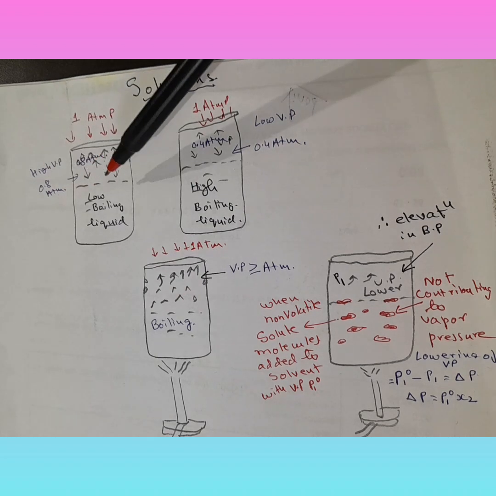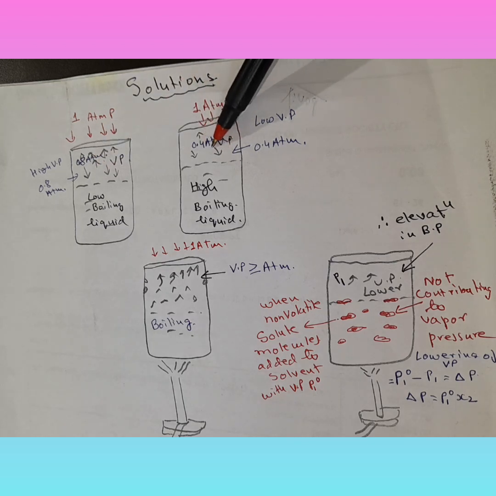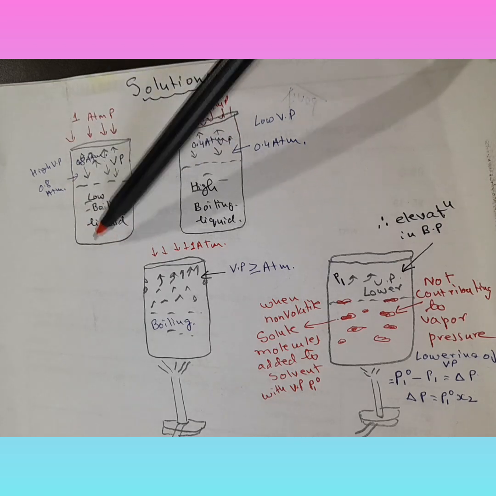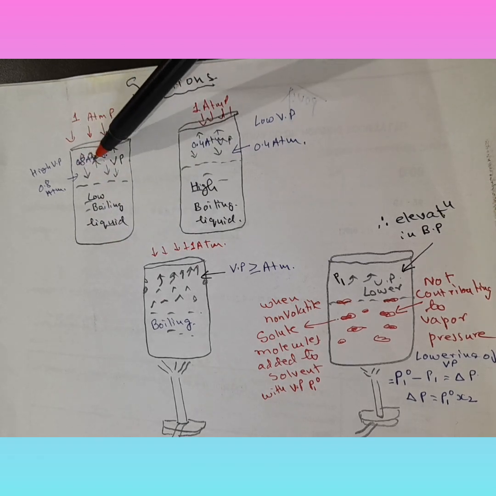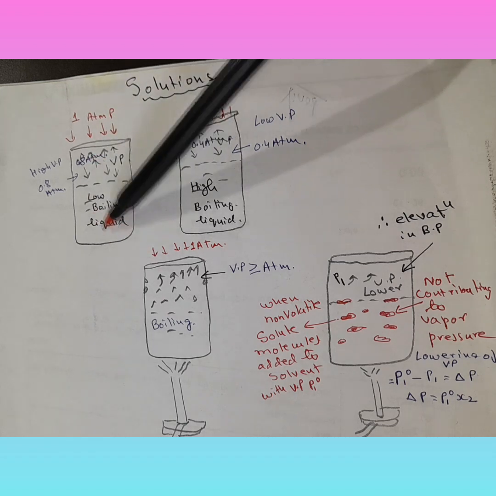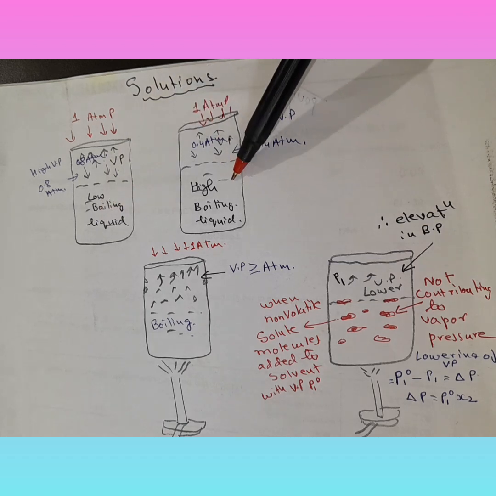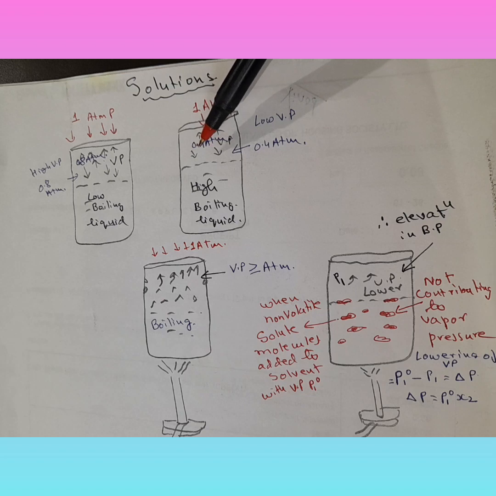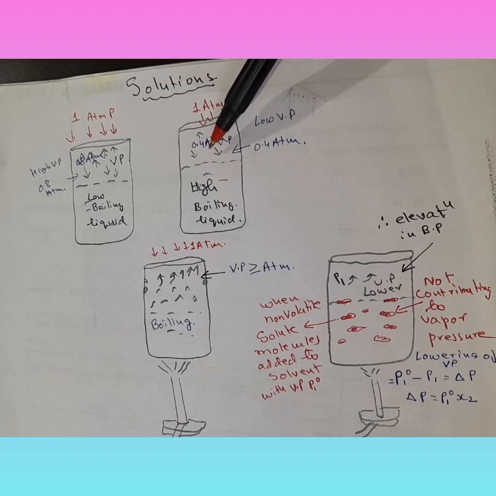Now let's revisit this. Here vapor pressure was already more and here vapor pressure was less. So obviously, to get from point A to 1 atmosphere, we would require less heating, or rather less temperature. Whereas here, to get from 0.4 atmosphere to 1 atmosphere, we would require more heating, so more temperature.